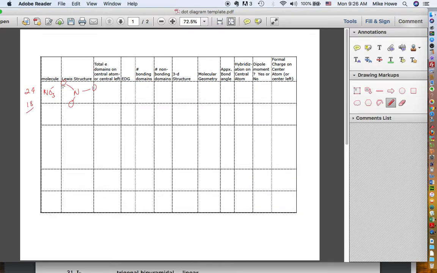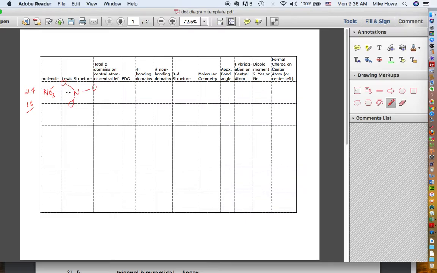If I put 18 in, I would put 6 here, because 2, 4, 6 plus these 2 make 8 electrons. And I would put 6 here for the same reason, and 6 here for the same reason. So now I have 18 electrons in the picture as loose dots. I didn't literally draw them in because I know I'm going to have to change something.